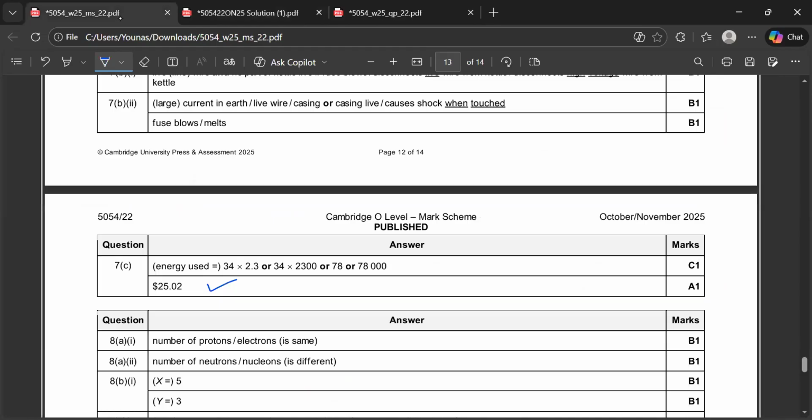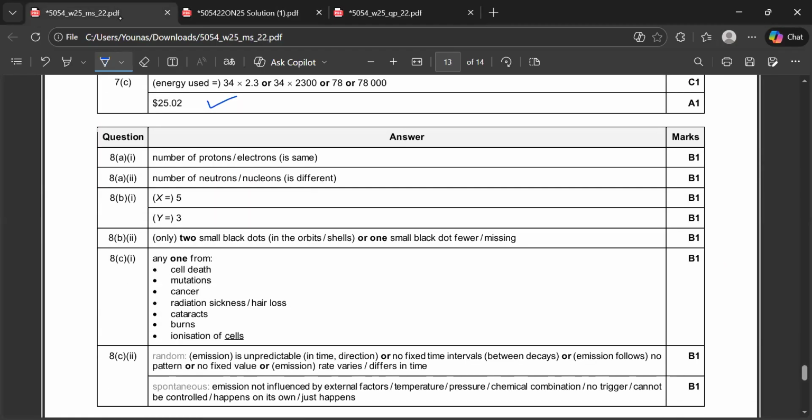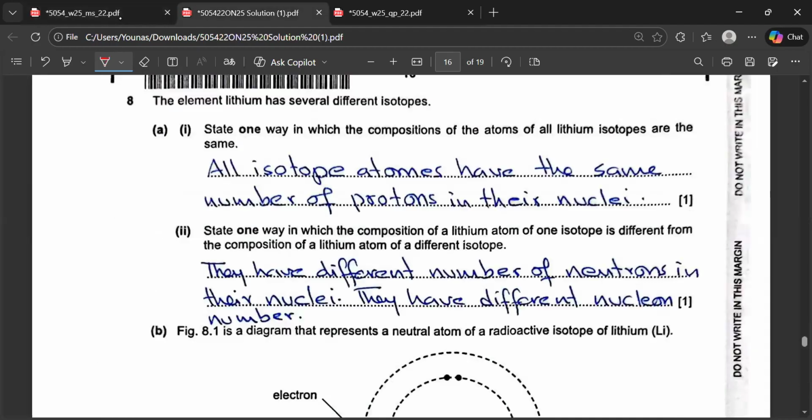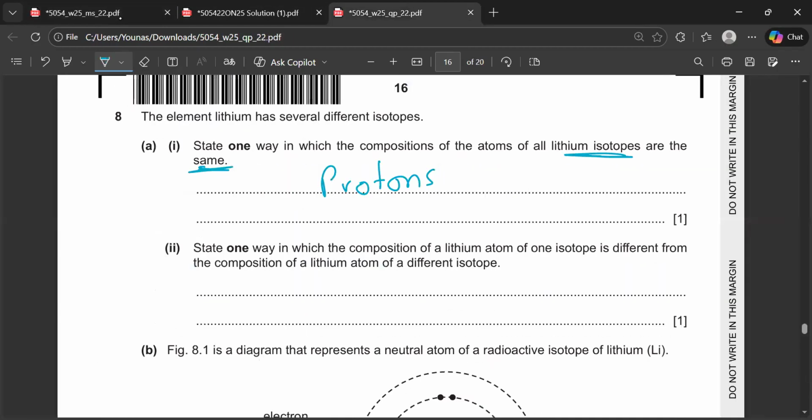Okay, so this is question number 8 coming up on your screen. Number of protons will be the same. Then the question is: state one way in which the composition of a lithium atom of one isotope is different from the composition of a lithium atom of a different isotope. So the number of neutrons are different.